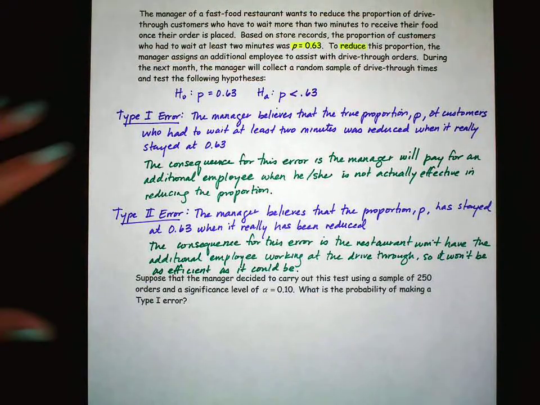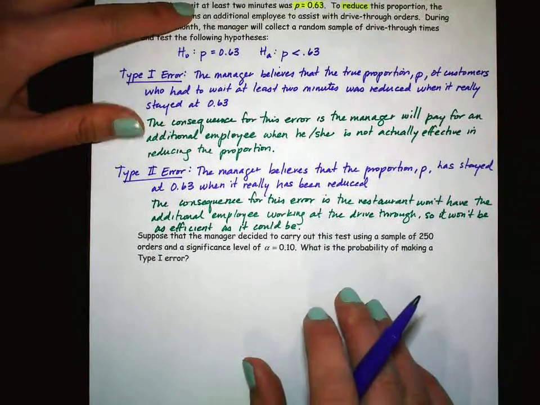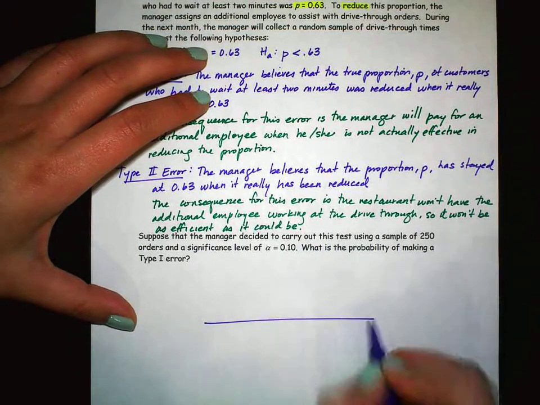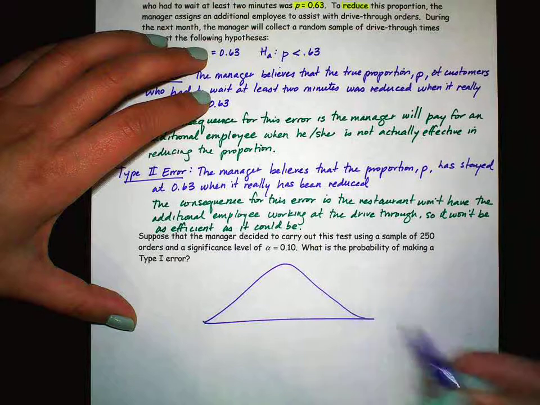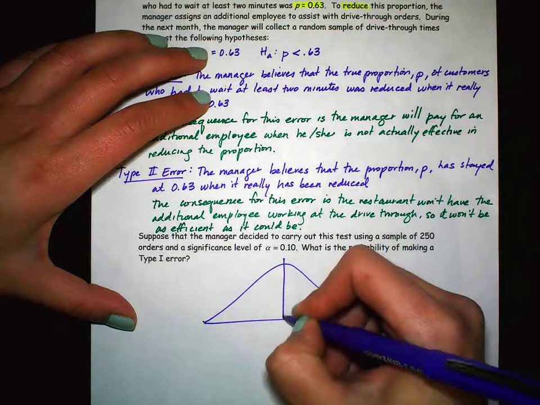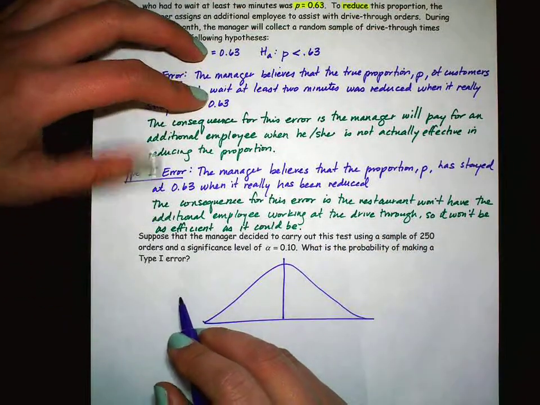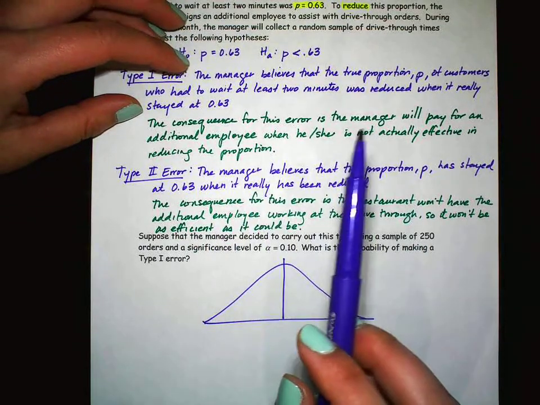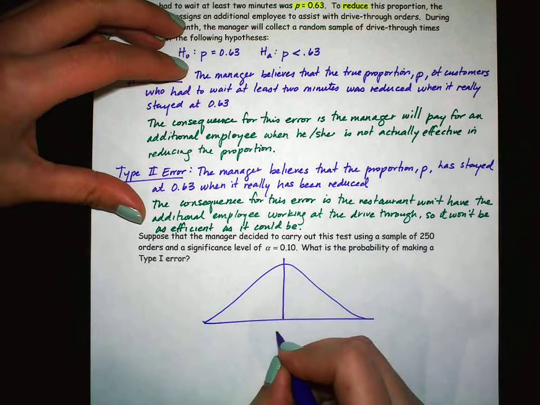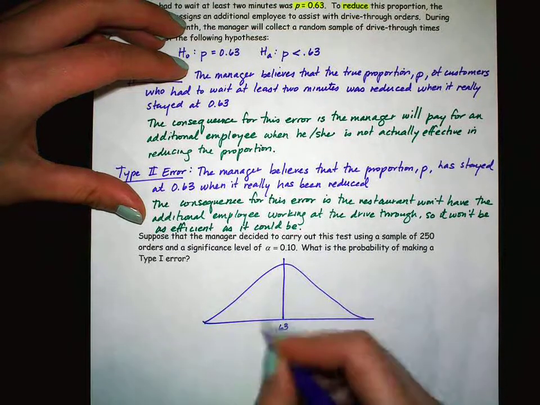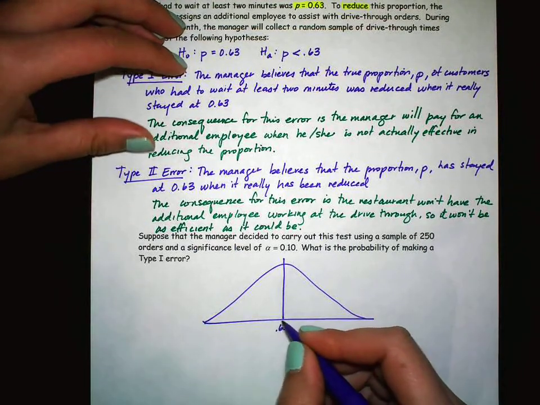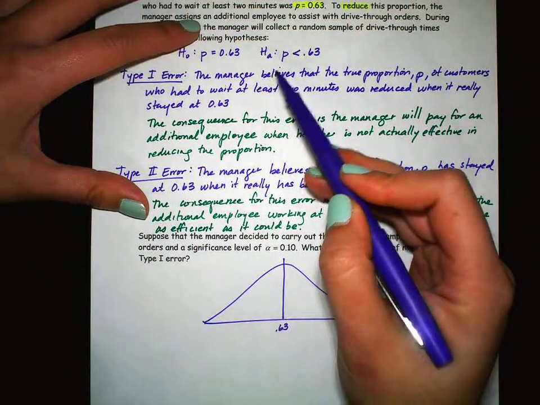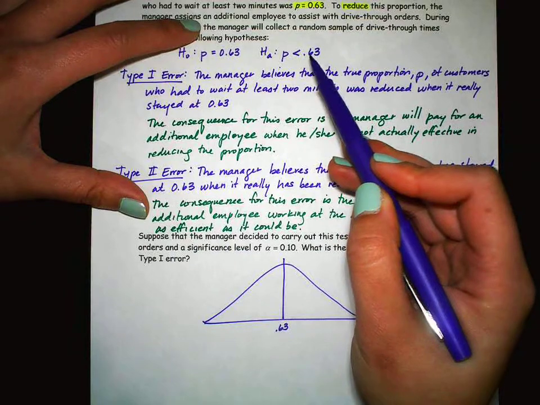So let's talk about how this would look as a picture. So here's our normal curve. Remember, type 1 is saying that P had been reduced when it actually had stayed at 0.63. So 63% is the true mean, and this is a one-tailed test because it's just saying less than 0.63.